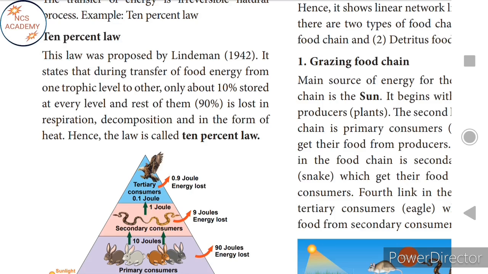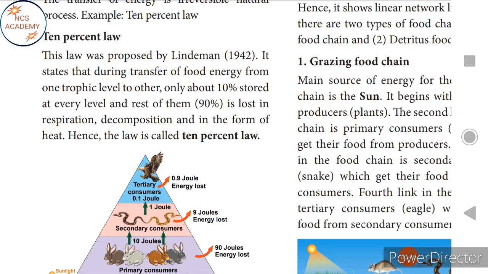This is a best example for the 10% law. You see that here in the basic level, 1000 joules of energy, among that 10% only 100 is passed on, and among that, 10% is stored, that is 9 joules only, like that 0.9 joule.